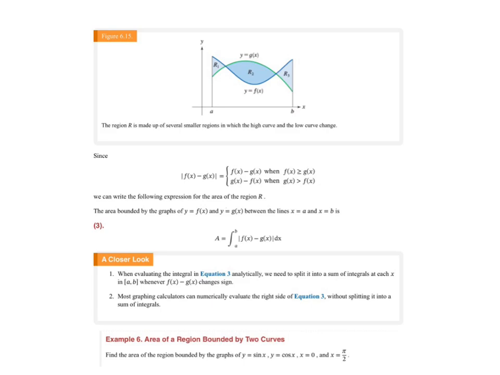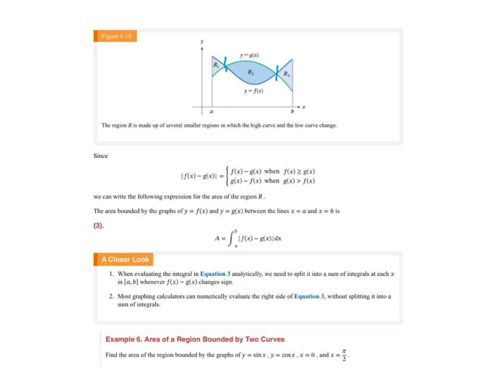Up until this point, we would have integrated from here to here, and we would have chopped it off. We said, I want to find the area of the curve bounded by these two functions, and we would have stopped right where they intersected.